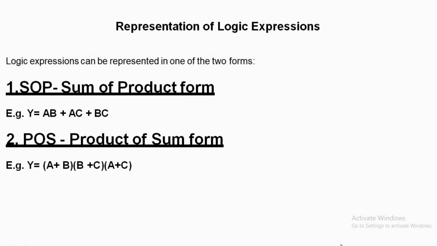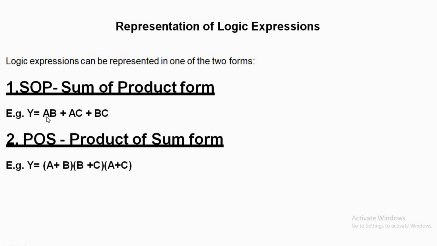Now, representation of logical expressions. Logical expressions can be represented in one of two forms, SOP and POS. SOP means sum of product and POS means product of sum. Here is the example of SOP form and this is the example of POS form.